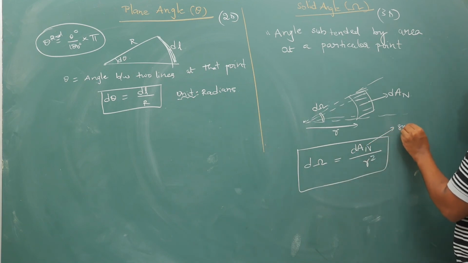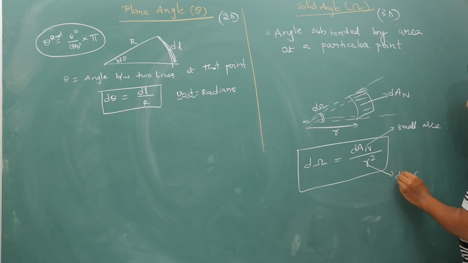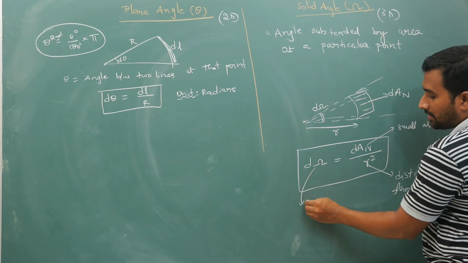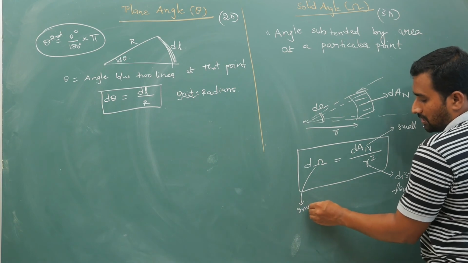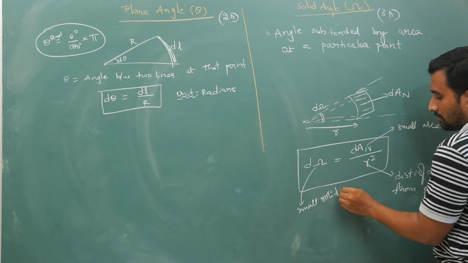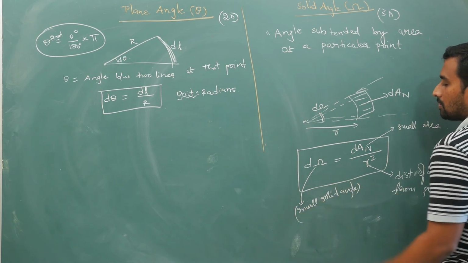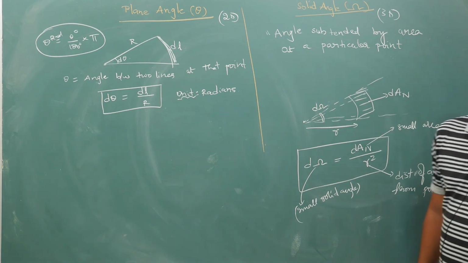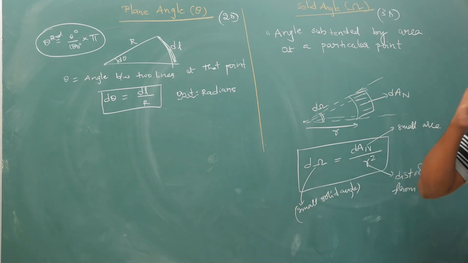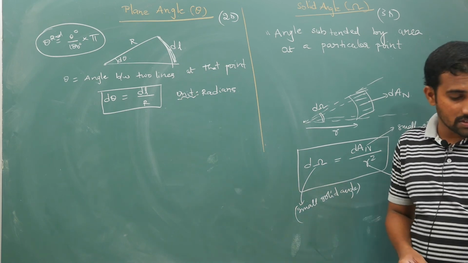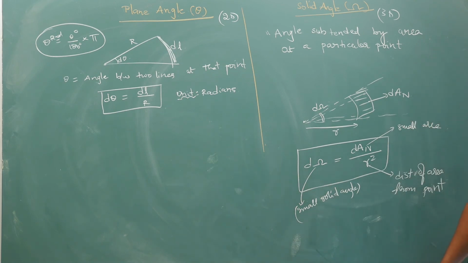This is your small area, this is the distance of the area from the point, and this part is your small solid angle. The omega symbol you use for resistors, same thing, and it is measured in steradians. It is in 3D.